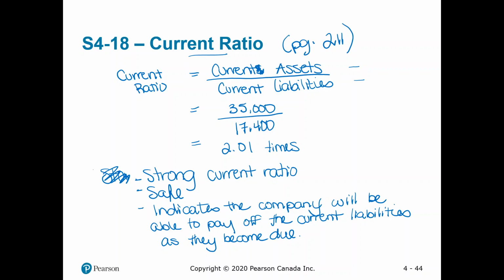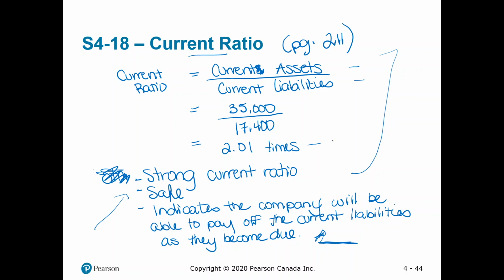The supplier may request to look at the financial statements, and they would calculate this ratio. And for this company, they would say, hey, this is pretty safe. A current ratio of 2.01. Yep, we think this company is going to be able to pay off their liabilities as they become due. So yes, we will grant you credit. We'll allow you to buy supplies on account.